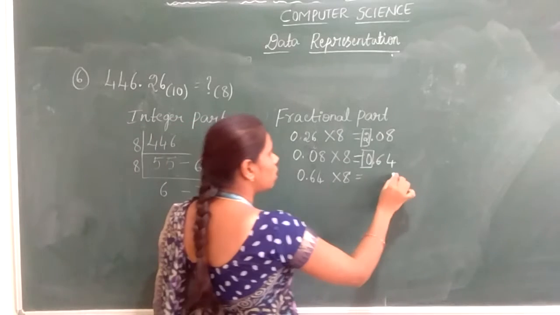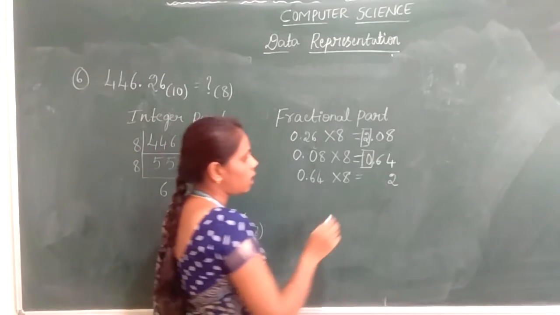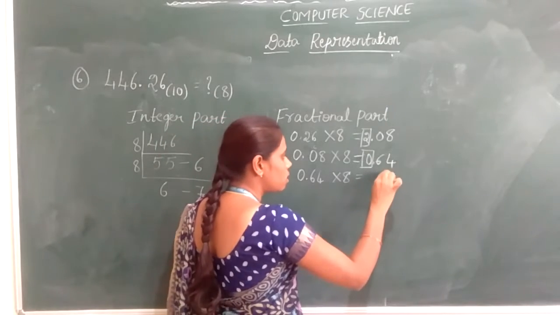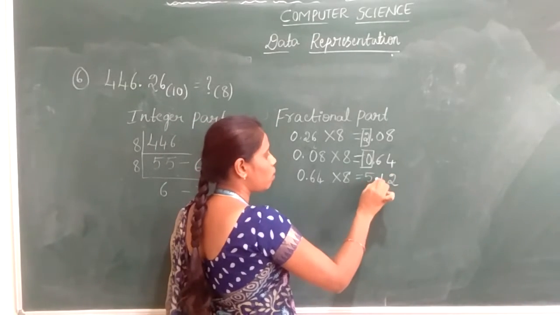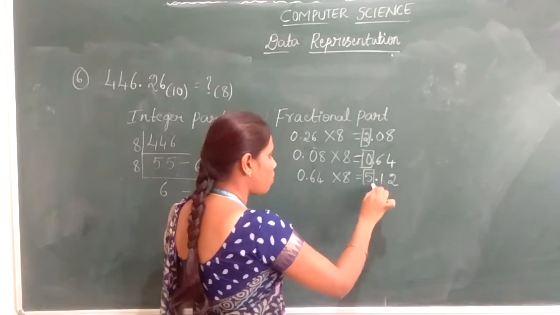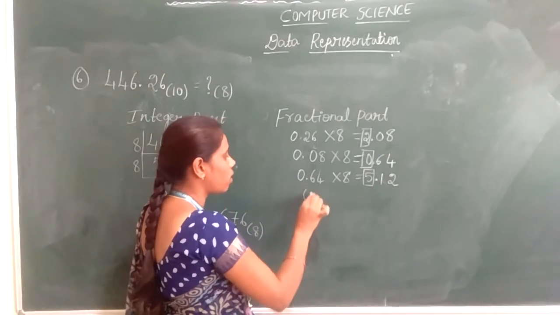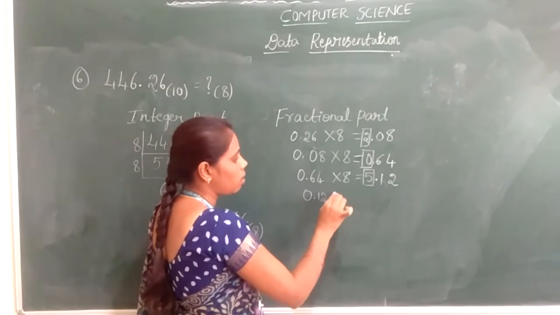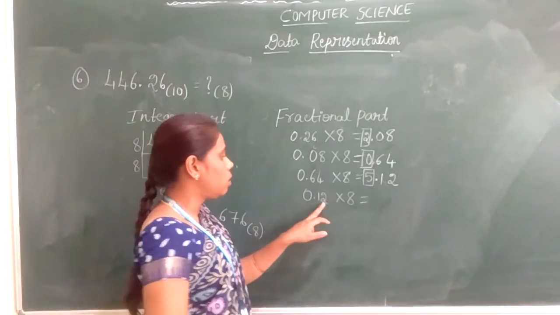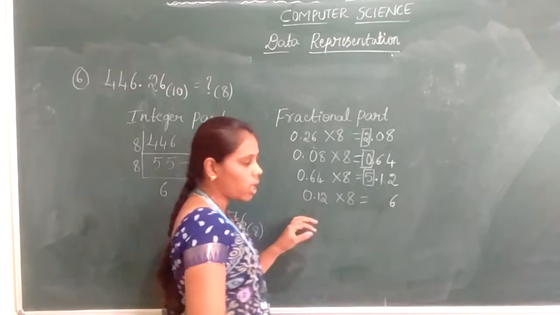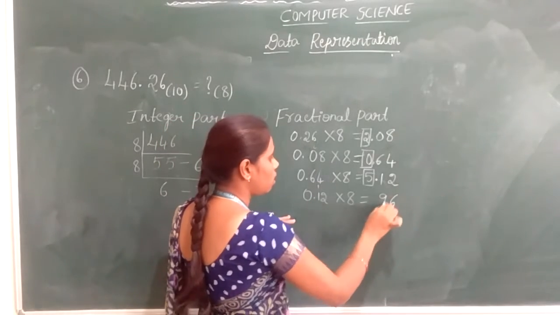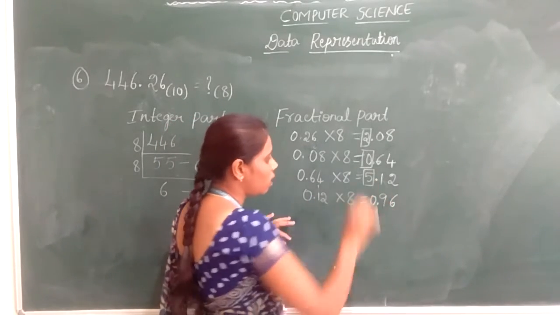Again consider this fractional part, that is 0.64 multiplied by 8. 8 fours are 32, 3 carry, 8 6s are 48, 48 plus 3 is 51. So 5.12. Note down this integer part, consider only the fractional part and multiply it by 8. 8 2s are 16, 1 carry, 8 1s are 8 plus 1 is 9, it will become 0.96.